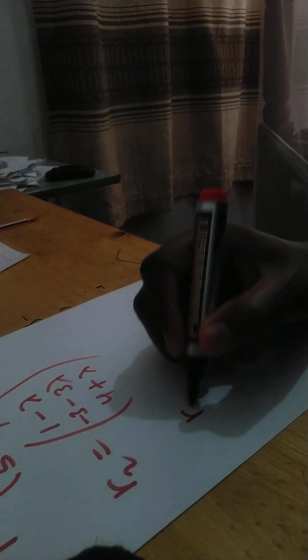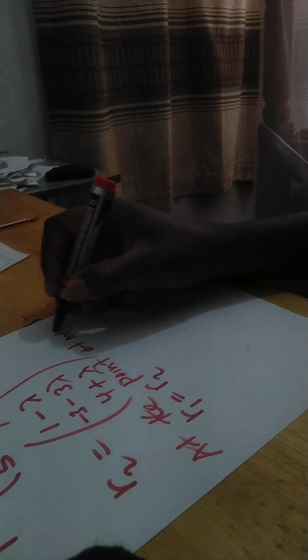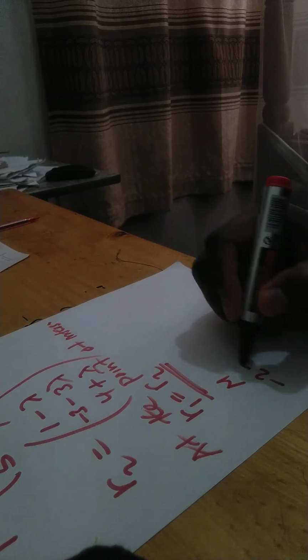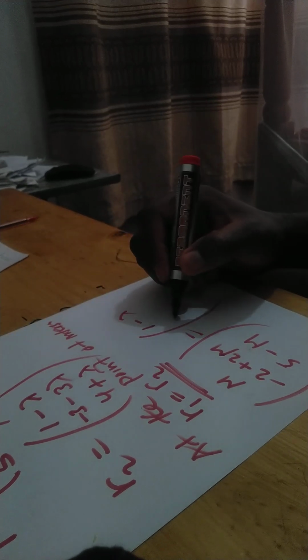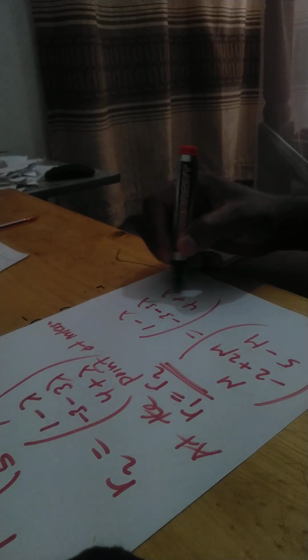For the point of intersection, they are equal. At the point of intersection, R1 is equal to R2. Equate this and this: mu, negative 2 plus 2 mu, then 5 minus mu, is equal to 1 minus lambda, negative 3 minus 3 lambda, then 4 plus lambda, just like this.